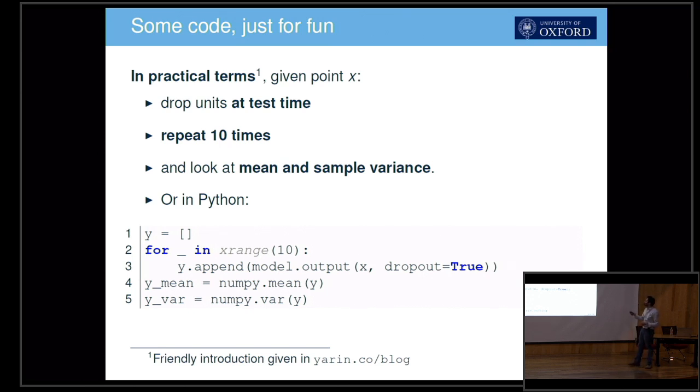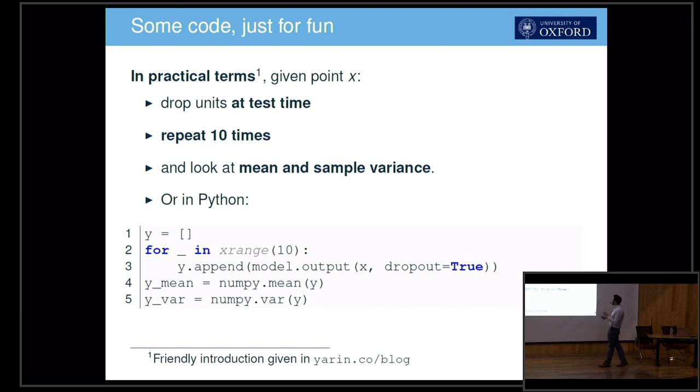Do that 10 times. I'm going to get 10 different stochastic outputs. I'm going to look at the mean and standard deviation of those 10 different outputs. And that's all. These are the 4 lines of Python that you need in order to get uncertainty in deep learning. It's not necessarily going to be good uncertainty, but these are the 4 lines of code that you need to get some uncertainty.